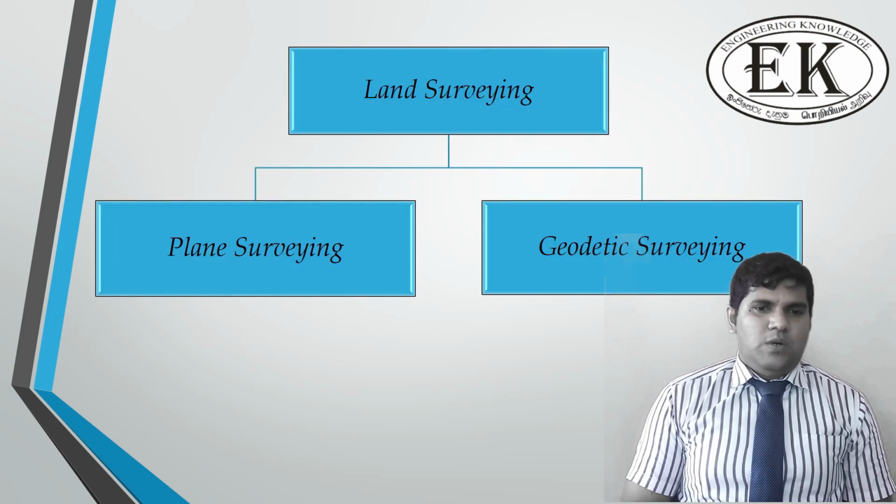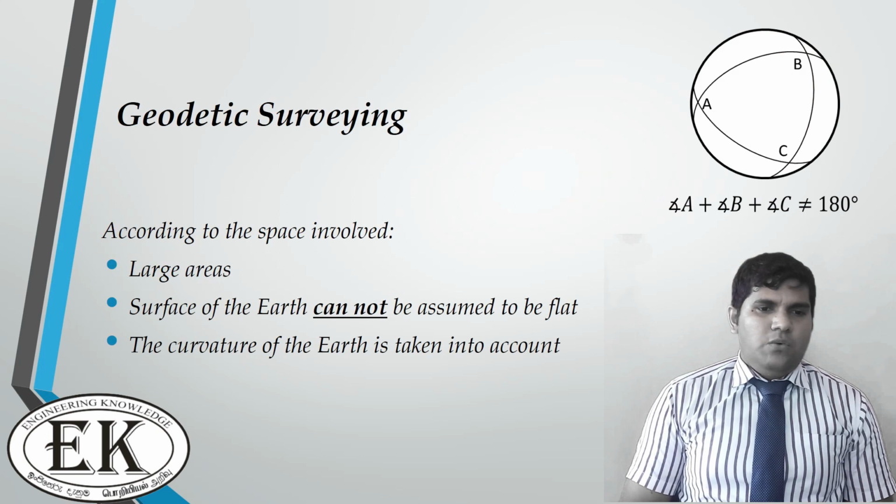If you look at the first one, land surveying, this can be broadly grouped into two. One is plane surveying, and the second one is geodetic surveying. Now, in geodetic surveying, according to the space involved, there are large areas involved, and the surface of the earth cannot be assumed to be flat, because the earth is not flat.